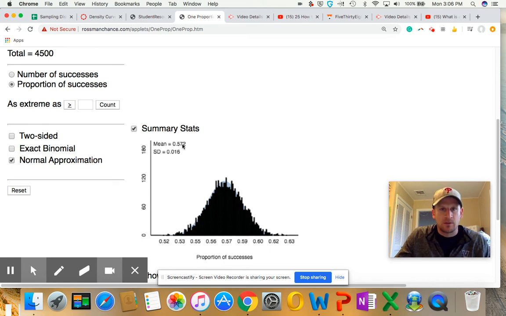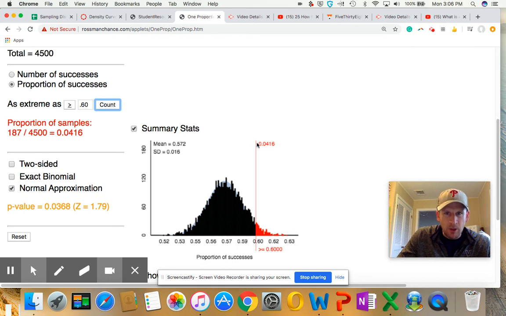I can use z-scores to do it. I can even use this website to do it. If I click on this, proportion of successes as extreme as greater than or equal to, we'll say 0.60, and I click on count, notice how it gives me that probability right away. It shades in the region. It gives me the z-score.